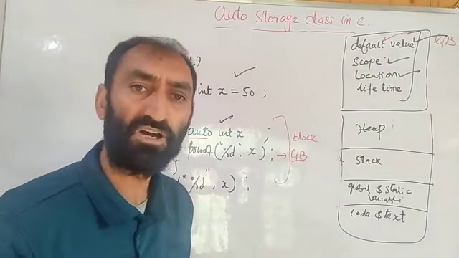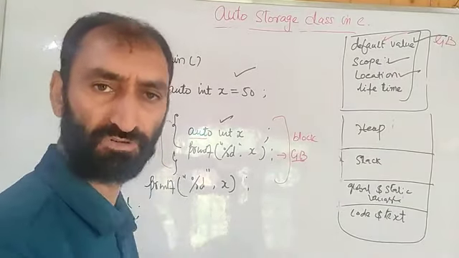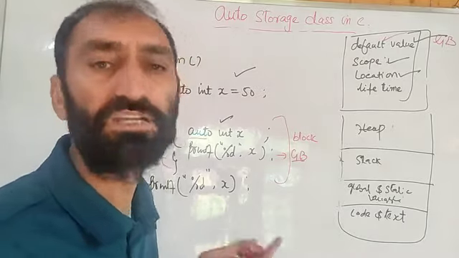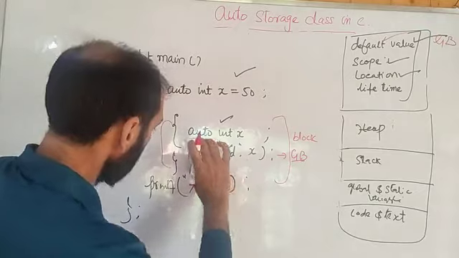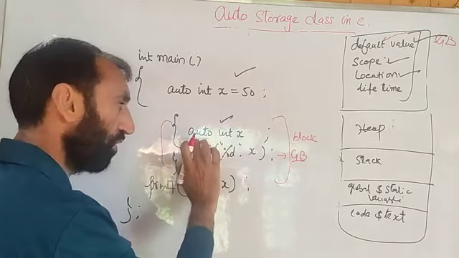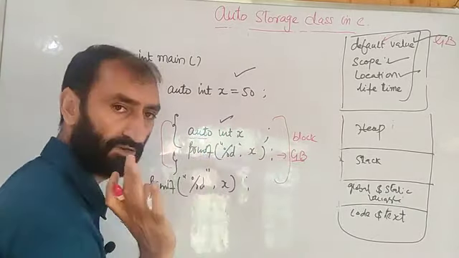Garbage value means it can print anything: a negative value, a positive value, I don't know what, but the value can be any garbage value.